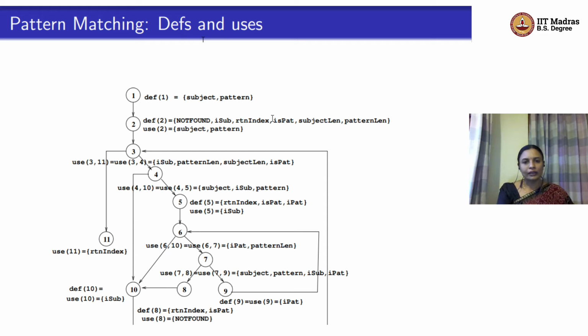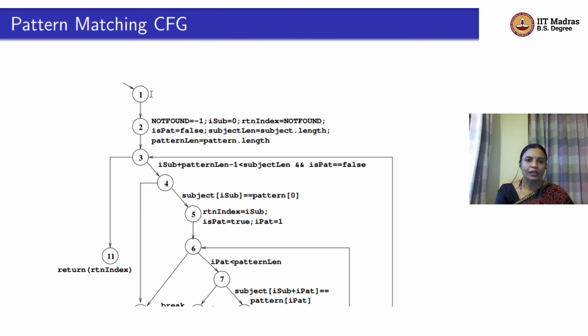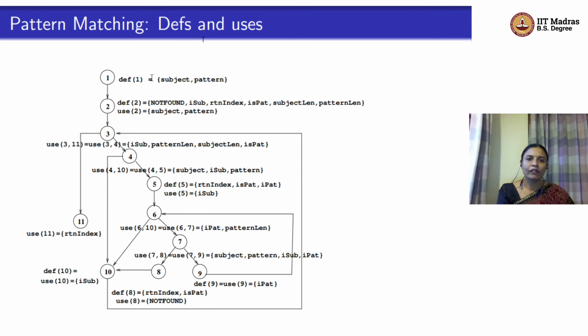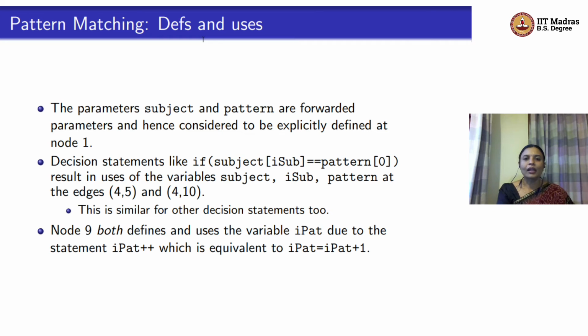In the definition of one, here if you see, it was empty. I didn't decorate it with any value. But here we have put it as definition of one is the array subject and the array pattern. Why so? That is given here in the next sentence. It so happens that the parameters subject and pattern are forwarded parameters, and hence they are considered to be explicitly defined at node 1.